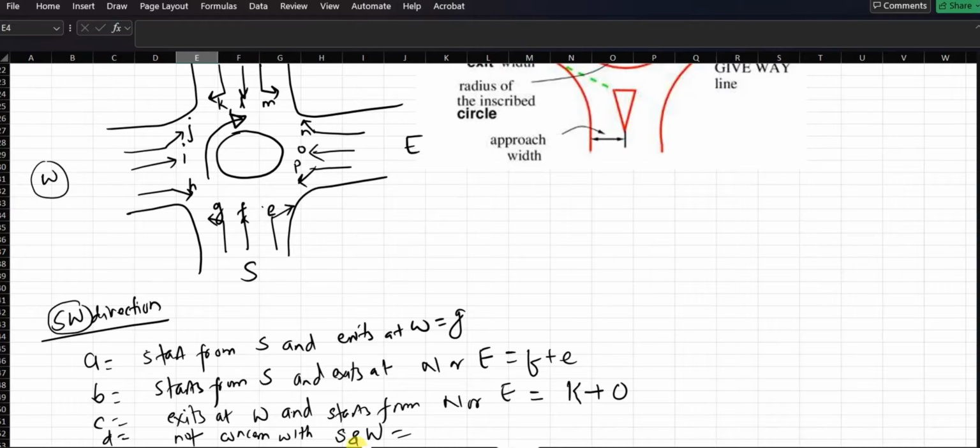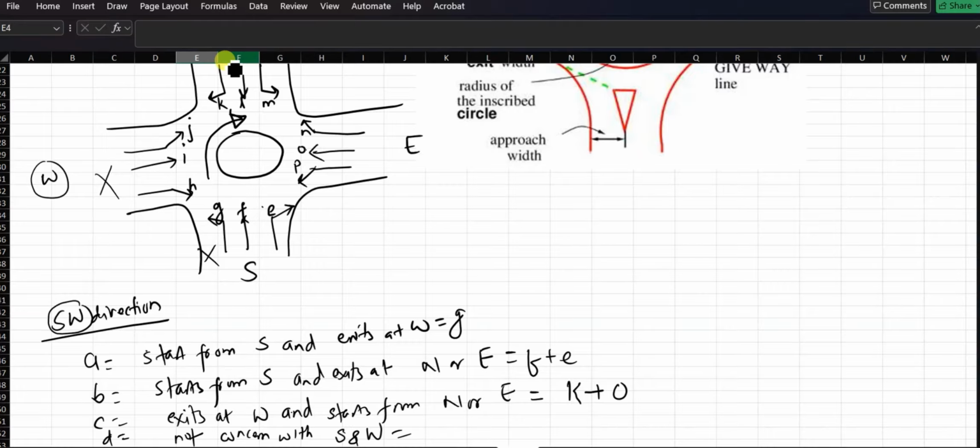So for this you do not look at W direction traffic and south direction traffic. These are eliminated, so the traffic from north and east is remaining. So O and P are discarded because they are related with W, and these two are discarded because they are related with W and S. So these two traffic are there, N and M.